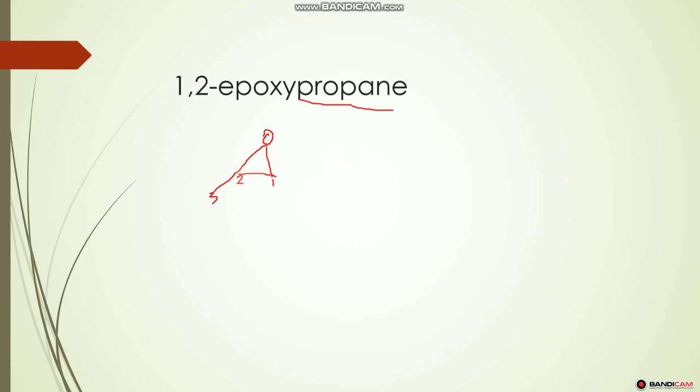So, since we have 3 carbons, it is prop and the single bond, that is the ane. And the first carbon and second carbon are attached to the epoxide substituent. So that is why it is called 1,2-epoxypropane.